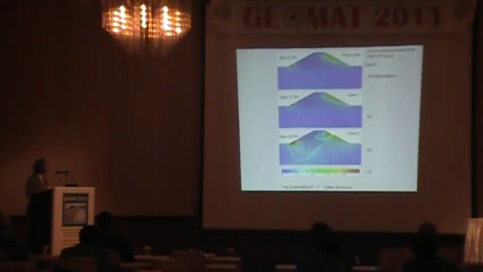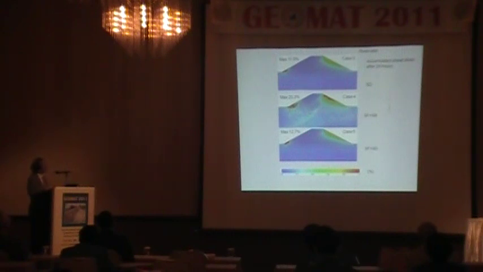And also you can see the strain localization along the slope in the river side. And then go to the next cases. Case 3, in this case, we just consider the strain-induced degradation. The maximum accumulated strain is 11.5.